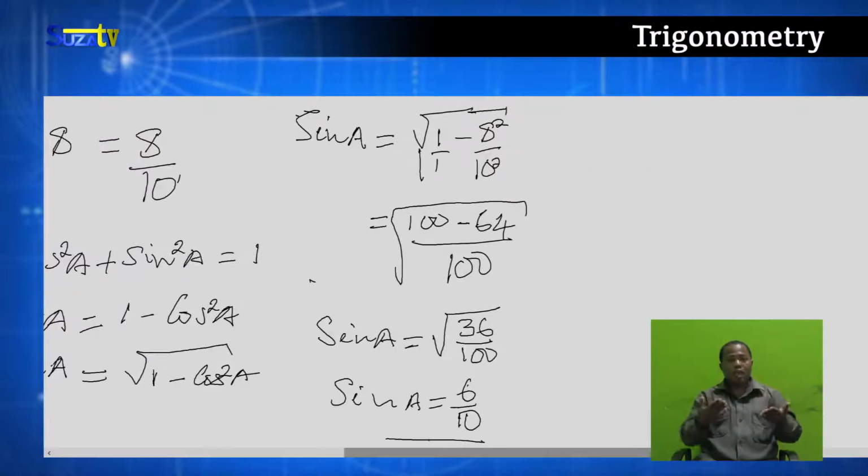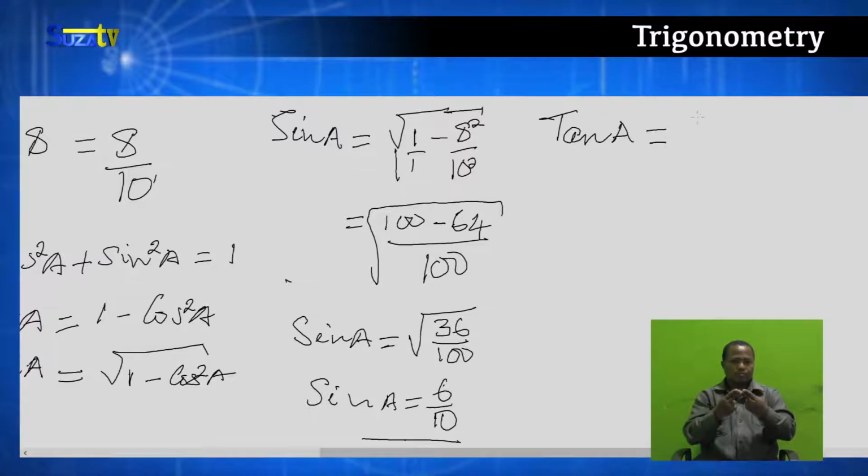Now we're supposed to find tangent, tan of A. But do you remember what is the relationship between tangent, sine, and cosine, as we already described earlier?